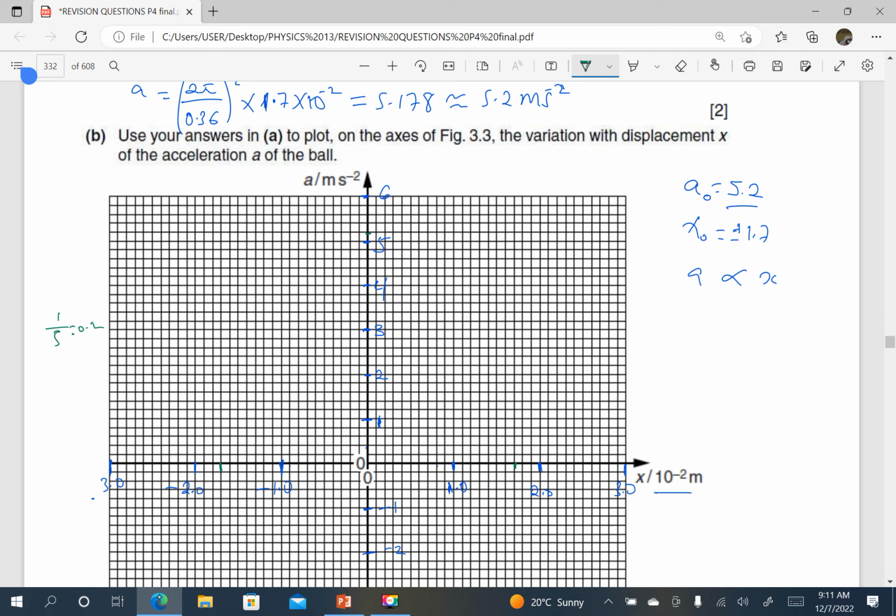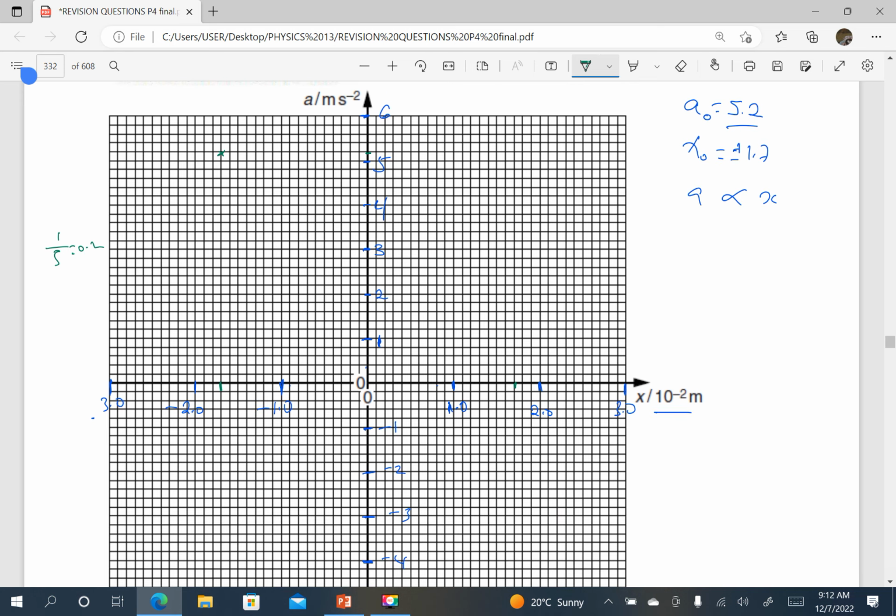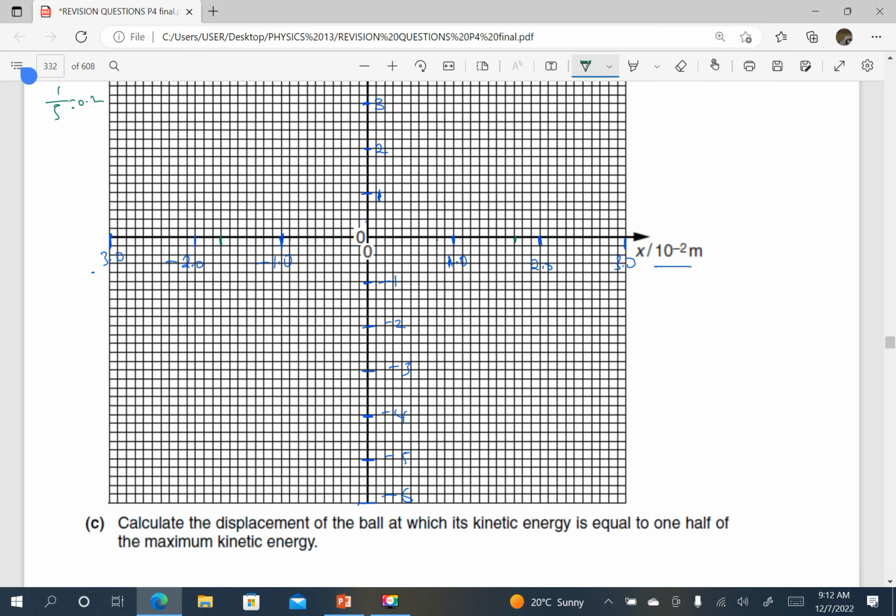I don't have a ruler, but I'm improvising. I think this is the point. Yes. Also at the bottom, I have 5.2 against -1.7.